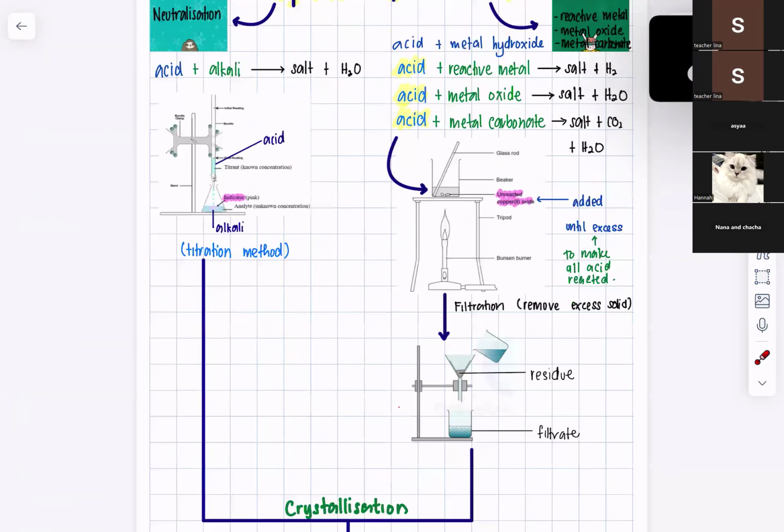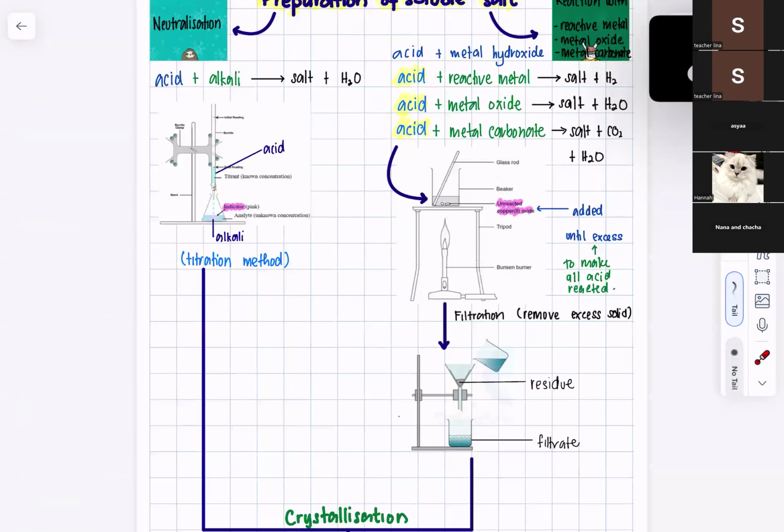Now, we go for crystallization. For all the acid, you need to heat the acid first. After you heat, you add the solid until excess. Why do you add until excess? To make sure all the acid has reacted.